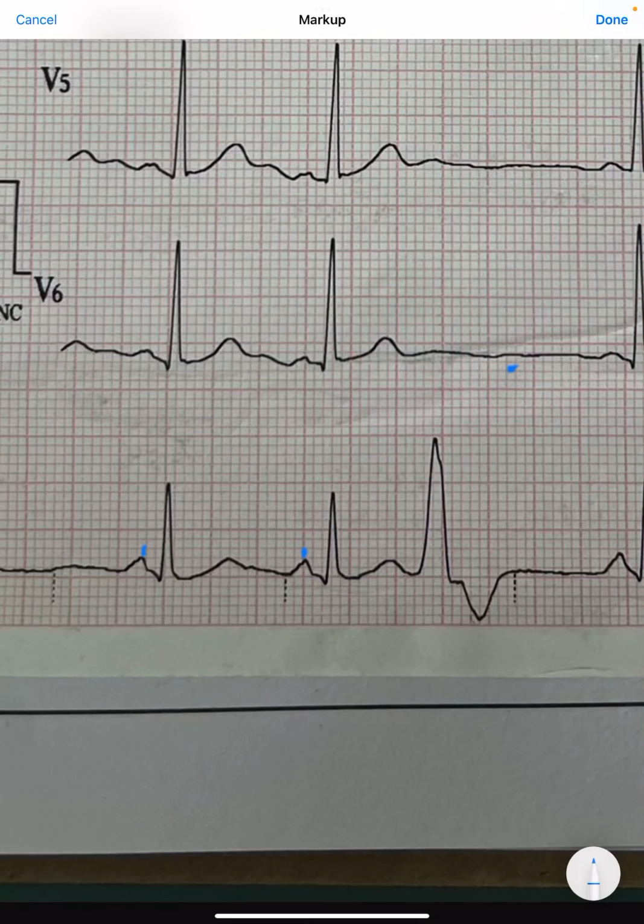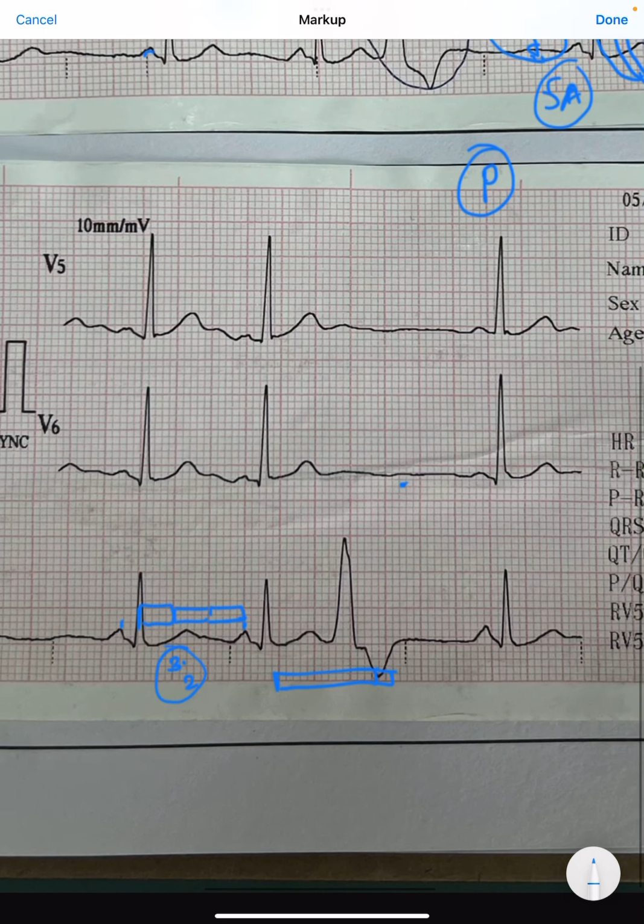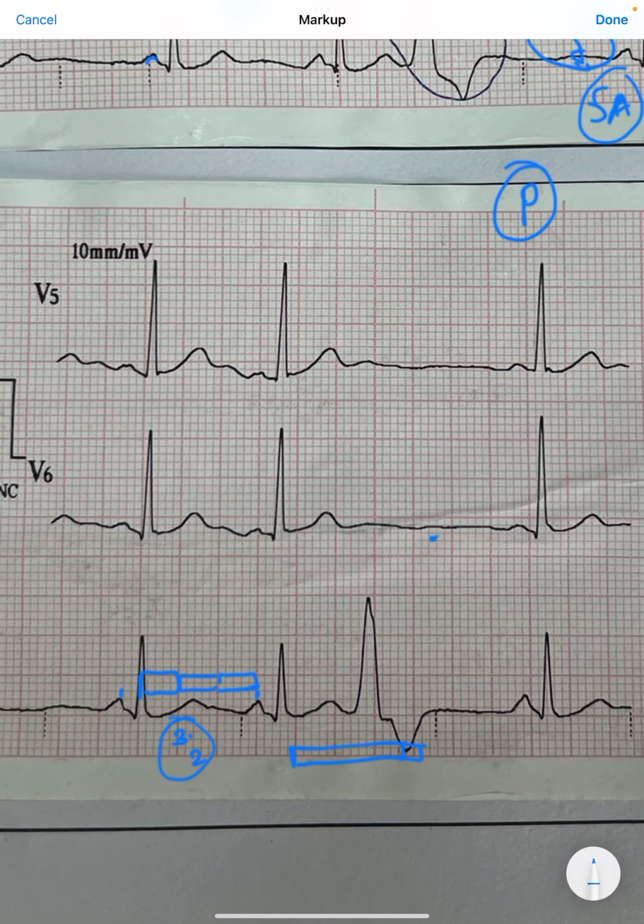This is one large box, two large boxes, and this is around three large boxes and around two small boxes. So the next normal P wave will definitely come only after three large boxes and two small boxes. But in this case, that has not happened.